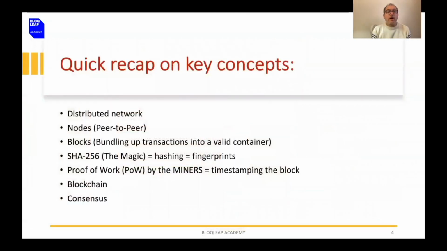Now what I'm going to ask you is a kind of personal recap work. It's going to take maybe 10 minutes from your side, but it's very important for you to look at this slide and see if you are able to tick each of them, meaning that you read them and you understand them.